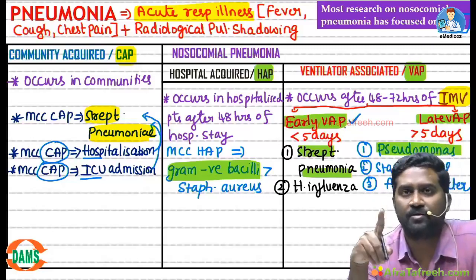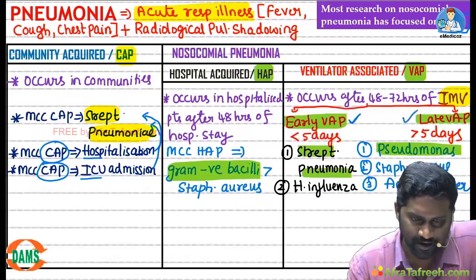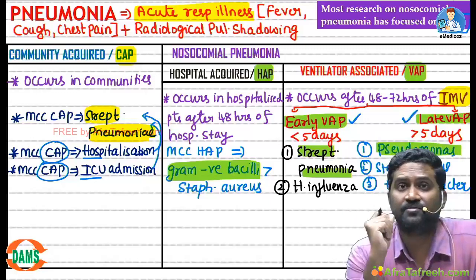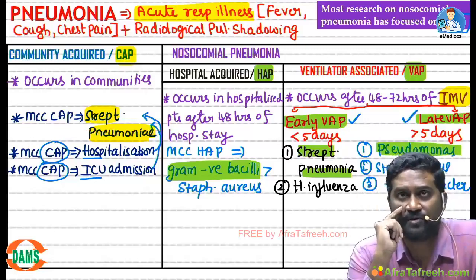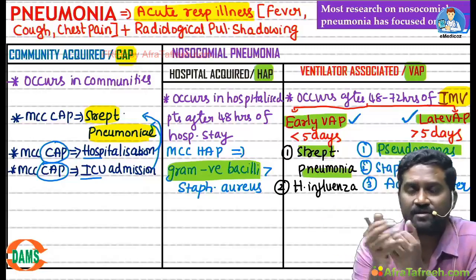Most common cause of late nosocomial pneumonia will be late VAP. So for early nosocomial pneumonia, your answer should be streptococcus. Late nosocomial pneumonia, your answer should be Pseudomonas, because the data is more on ventilator associated pneumonia.